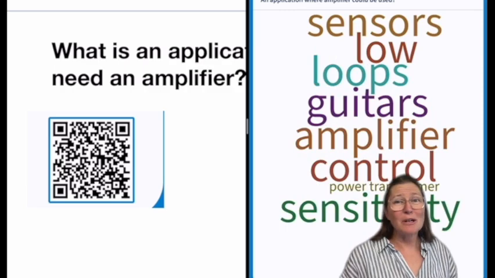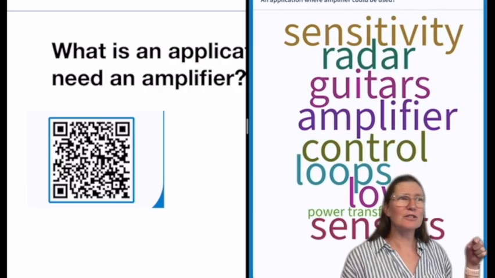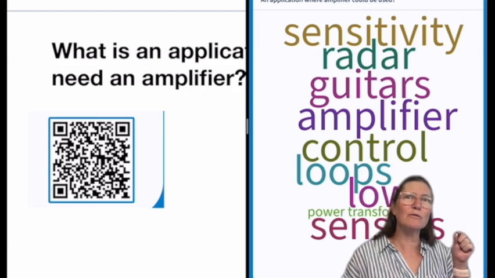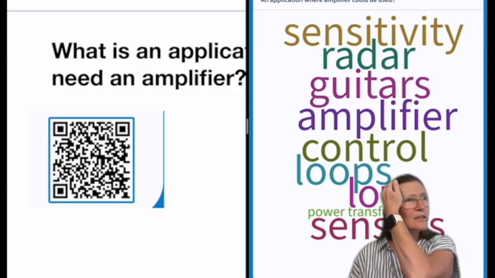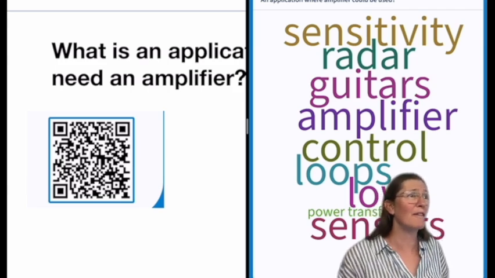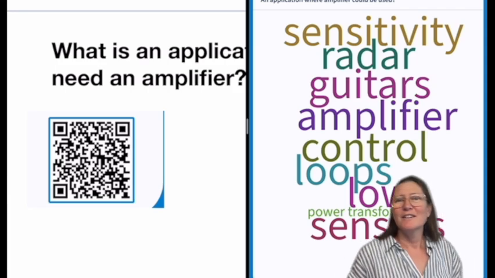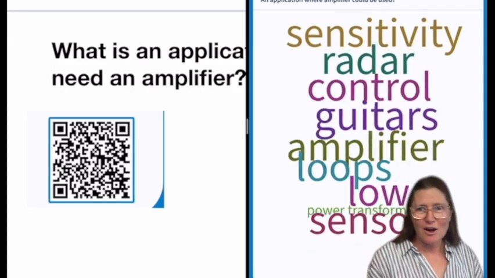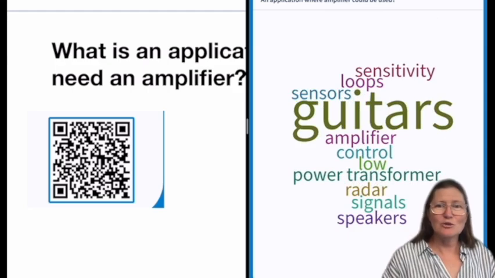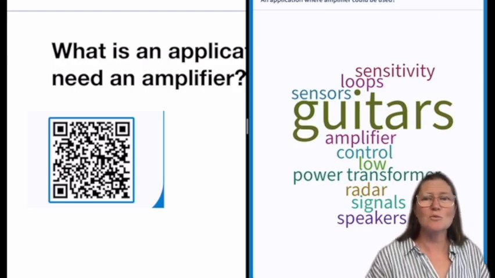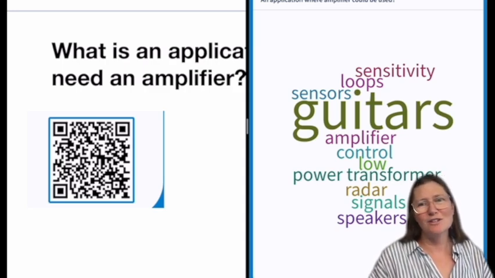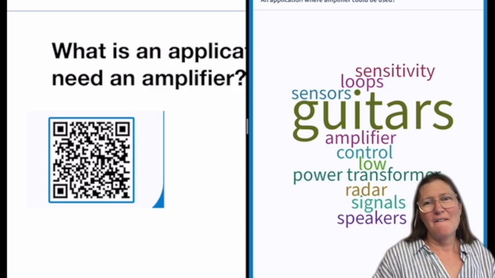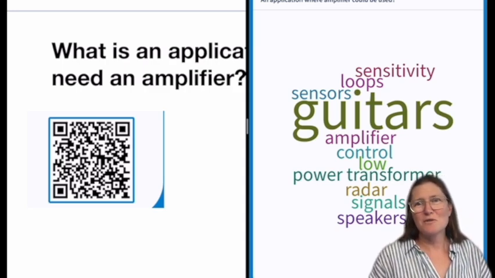Sensors are a great one where usually it's going to be some small voltage or current that comes out of it, and so you want to amplify that so that it is easier to determine what that value means. Radar would be another one where it usually is a low signal, and then you want to make sure it's a much larger signal. Power would be another one.